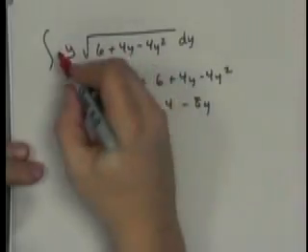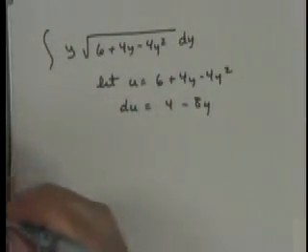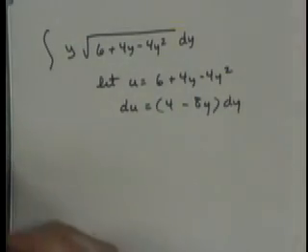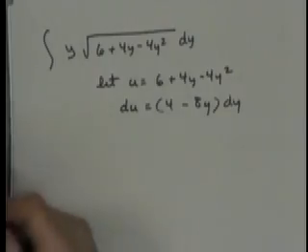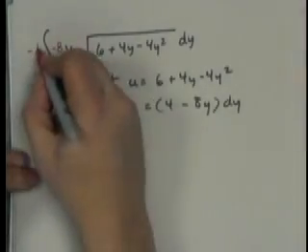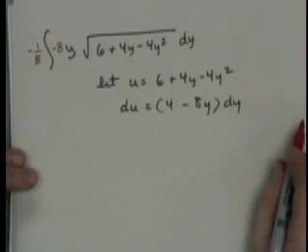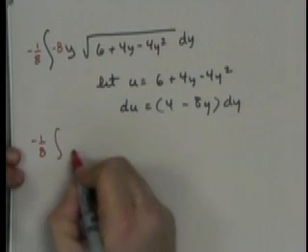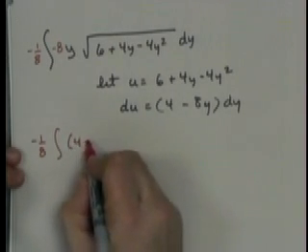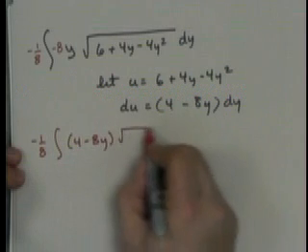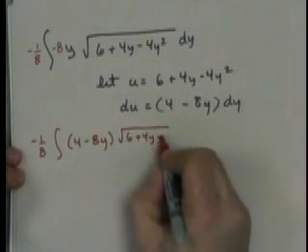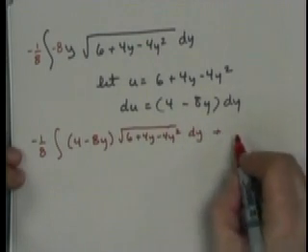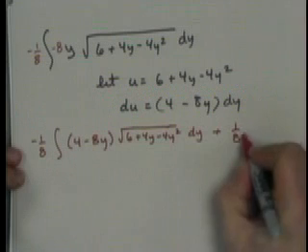So again, I can put a dy, sorry, don't forget the dy here. I can put a minus 8 here and divide by 8 out front. And then I can add 4, as long as I also subtract it over here.